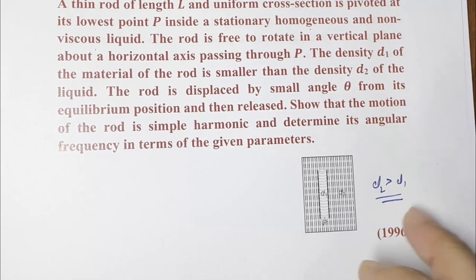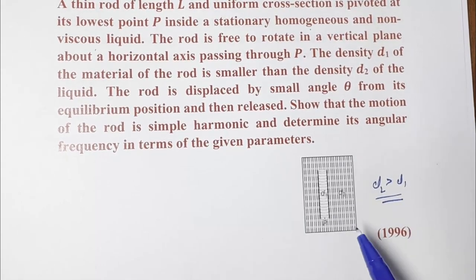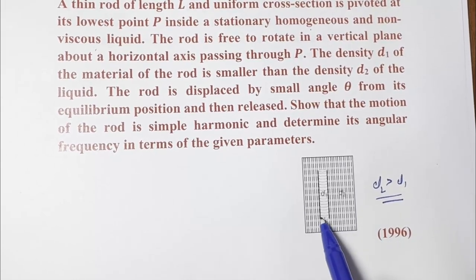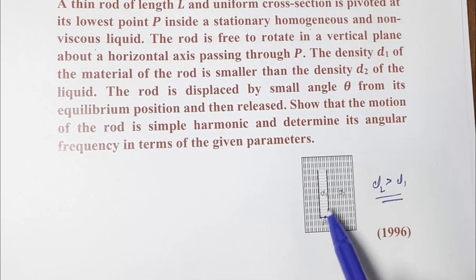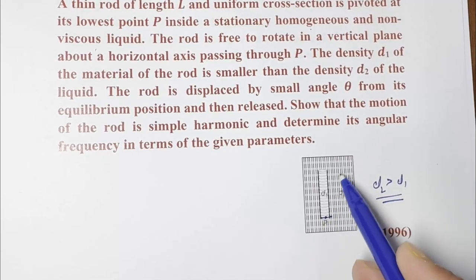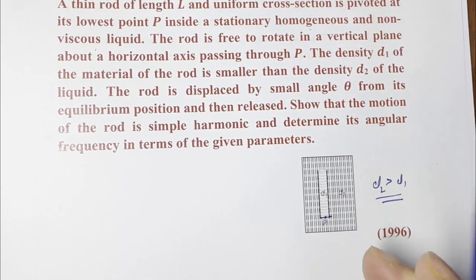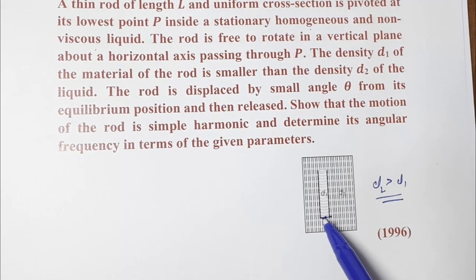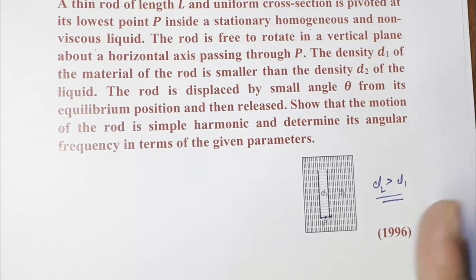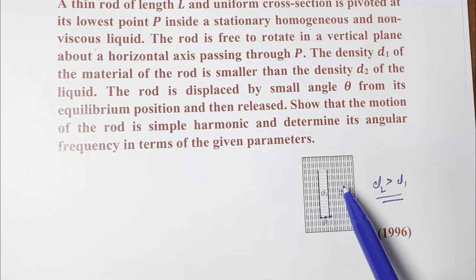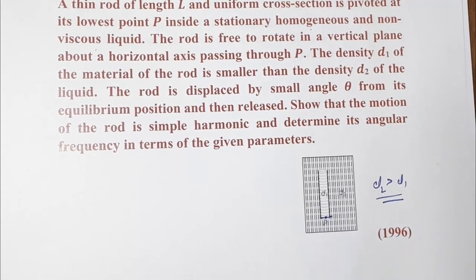Okay, this is important. We can discuss later how this plays a very important part. And this is point P, about which it pivots, making a small angle theta with the vertical, and we have to prove that as soon as it is disturbed from the equilibrium position, it executes SHM, and then we are going to find out its angular frequency.